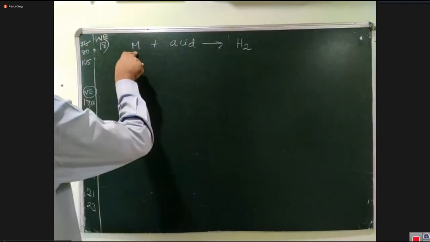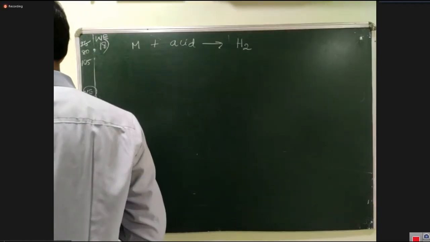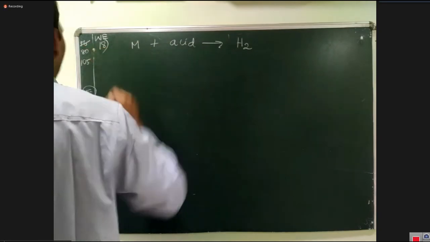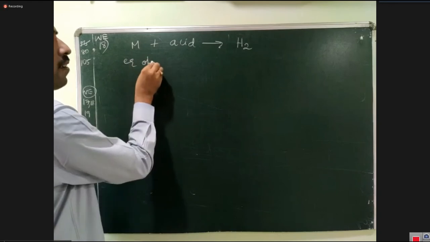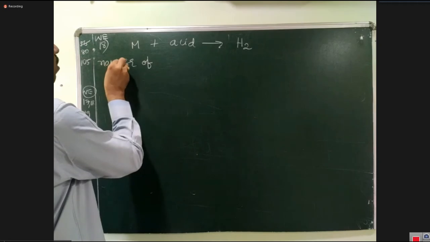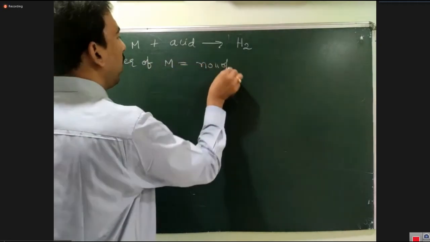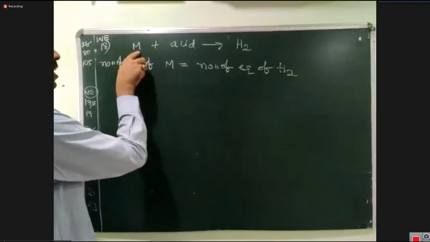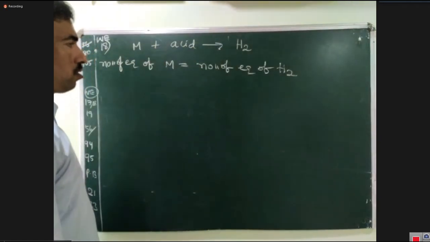So metal reacts with acid, liberating hydrogen. The hydrogen amount and metal amount are given. So the number of equivalents of M is equal to the number of equivalents of H2. As many equivalents of metal react, that many equivalents of hydrogen will be produced.